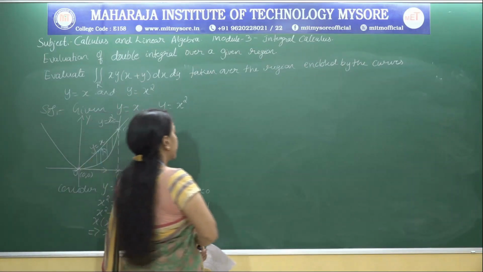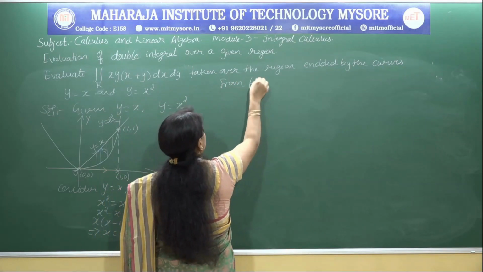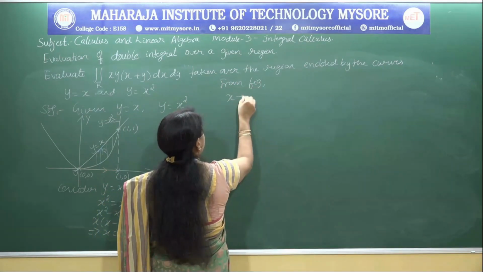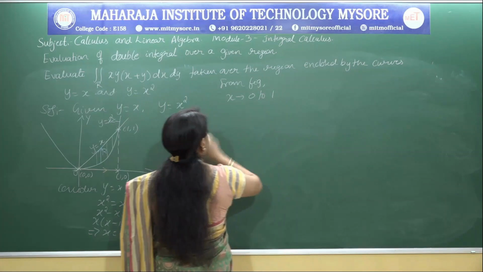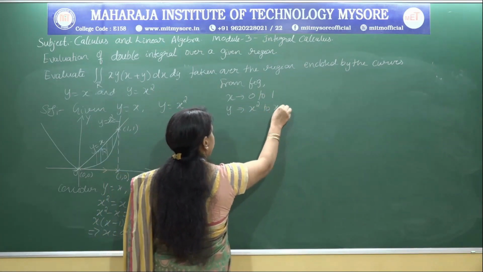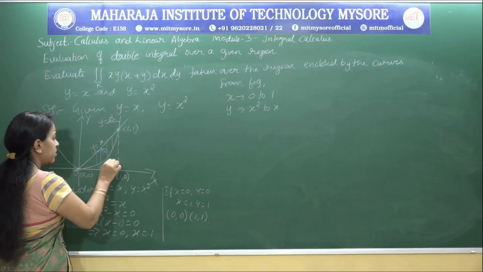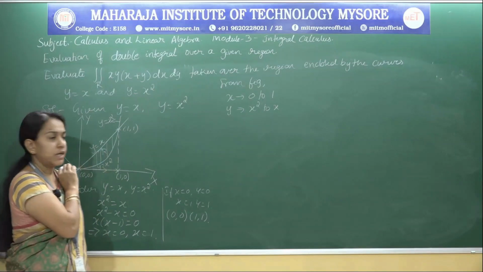From the figure, x varies from 0 to 1 and y varies from x square to x. So this is your y equal to x square.